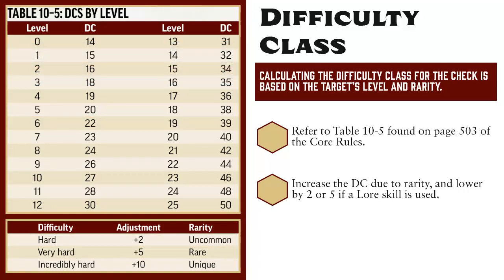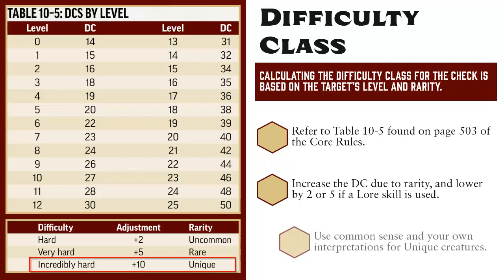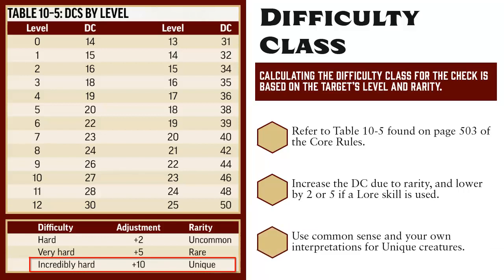Things get a little more tricky when talking about unique creatures. Rules as written, unique creatures have a DC that is 10 higher than what's listed for their level on the table. But I think this is one of those areas where the GM really needs to leverage their own insights.